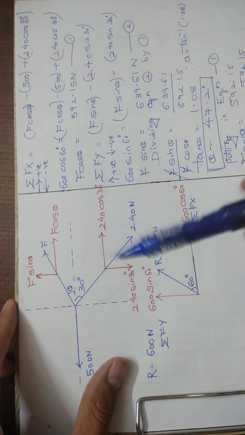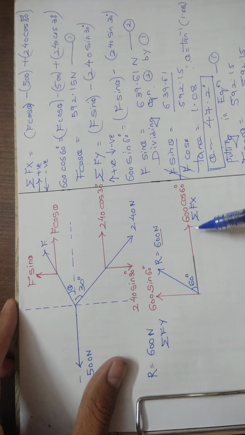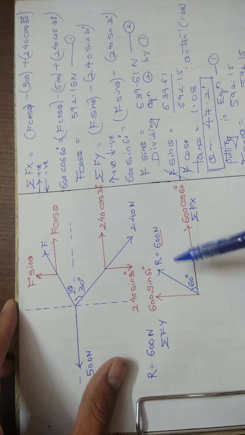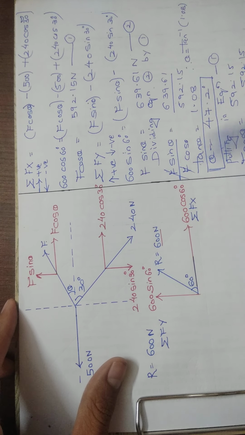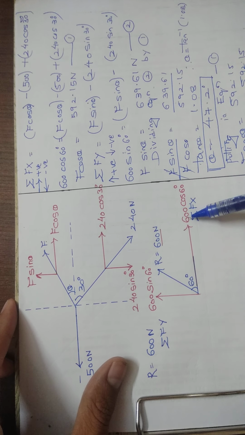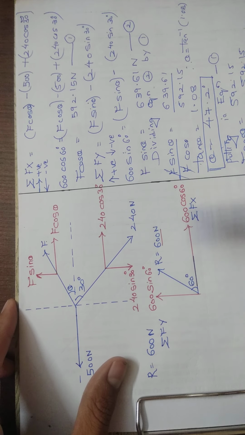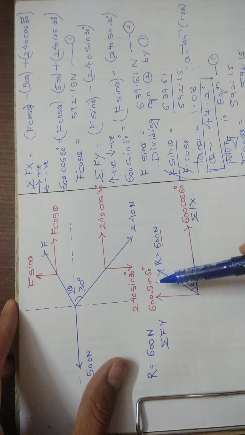There were 2 unknowns, and the resultant was given inclined in the form of Fx and Fy. So there were 2 unknowns, theta and F, and we had 2 conditions, Fx and Fy. The Fx condition was 600 cos 60 degrees and the Fy condition was 600 sin 60 degrees.